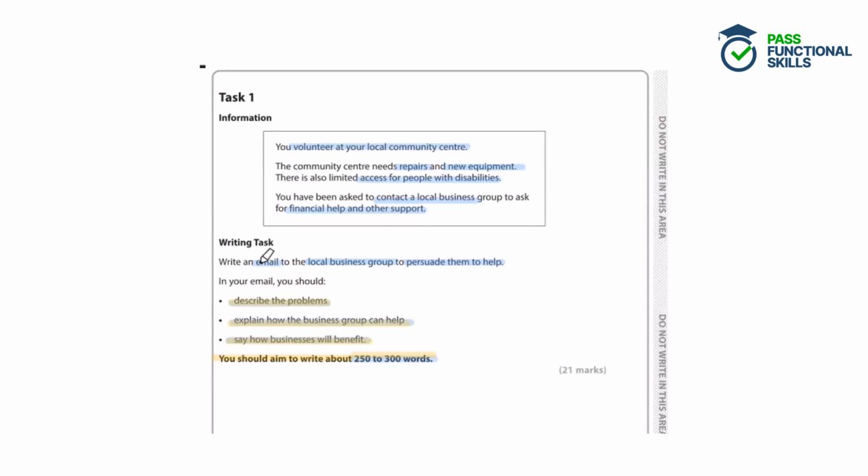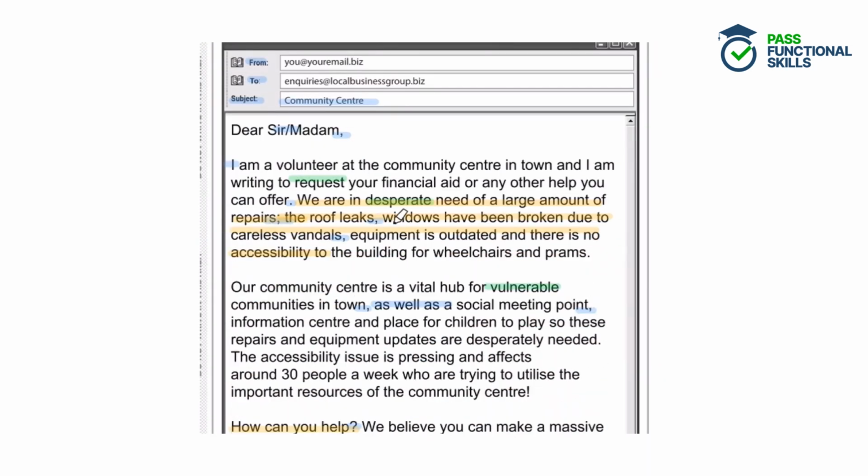We've been told to write an email, so we'll have to use organisational features that are appropriate for an email. These include, at the top here, a from line with an email and a to line with the email that we're writing to as well. And then we have a subject line. Your subject line should just be a few words to summarise what the email's about.